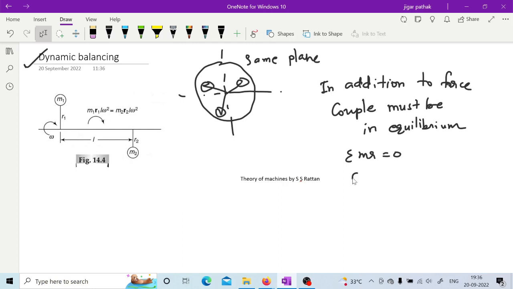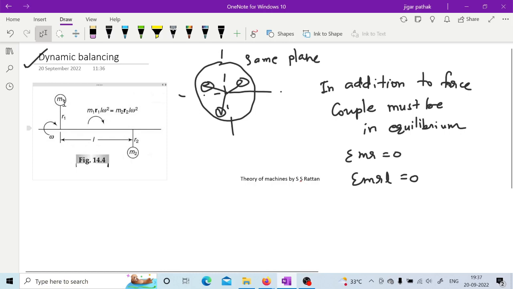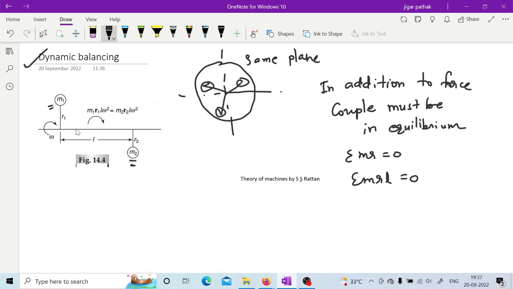Now one more condition needs to be satisfied, and that is sigma mr l must be 0, because as you can see, m1 r1 omega square and m2 r2 omega square may have the same magnitude, with m1 and m2 lying at the same distance, maybe r1 and r2. So it can nullify that force in the opposite direction. But what happens is they are going to generate a couple.